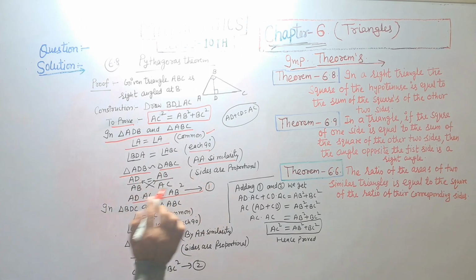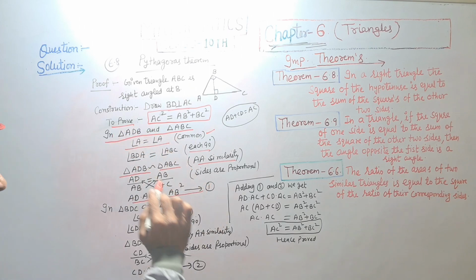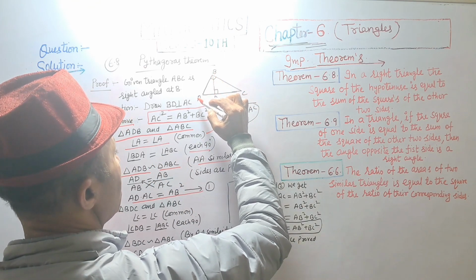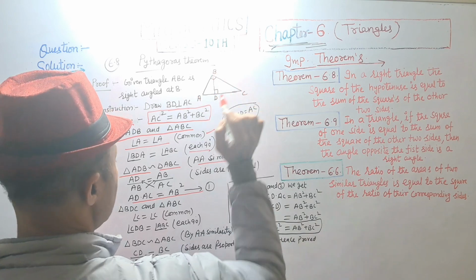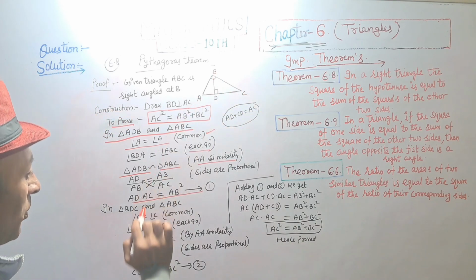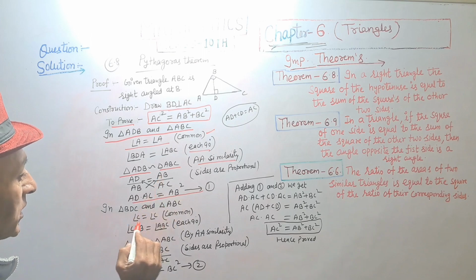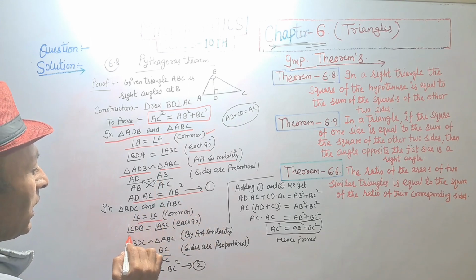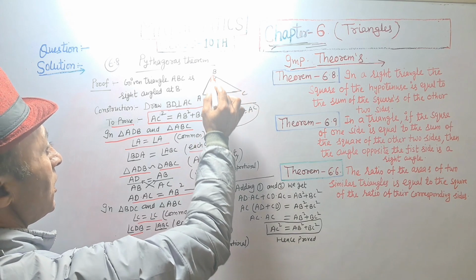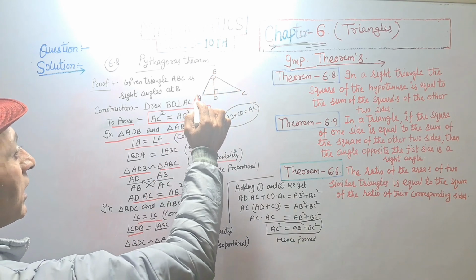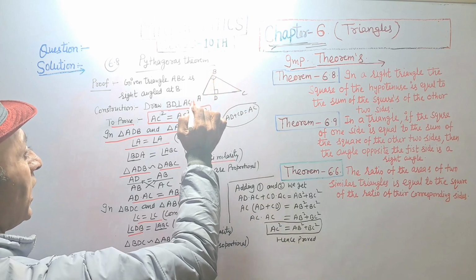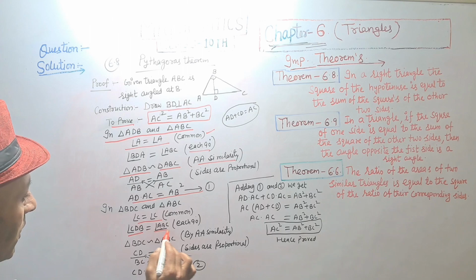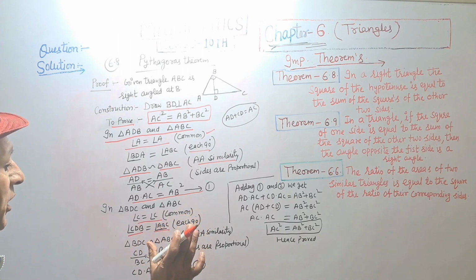Equation number first. Similarly, in triangle BDC and triangle ABC, angle C is common to both triangles, and angle CDB is equal to angle CBA, that is 90 degrees each.